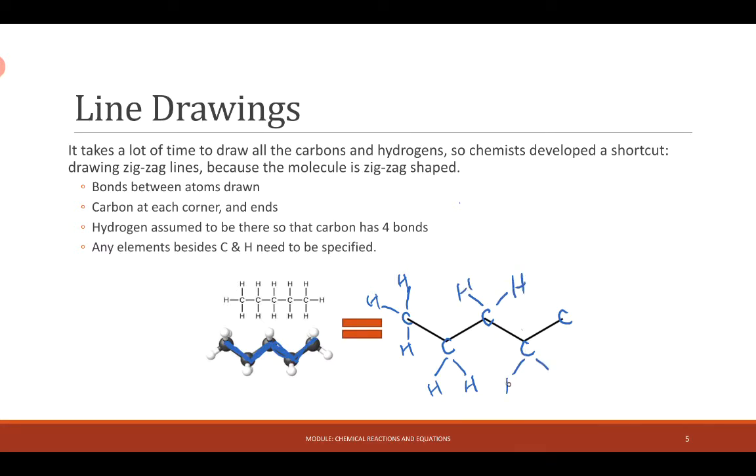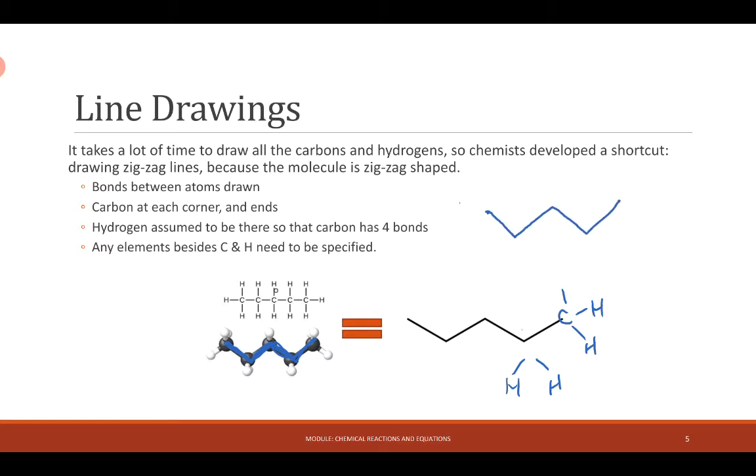And so you can see that this drawing can be expanded to show all of the bonds, but really you only need to draw the squiggly line structure. And so it's much easier to just draw 1, 2, 3, 4, 5 to represent the 5 carbons in the chain. So line drawings are awesome because they are super fast to draw.